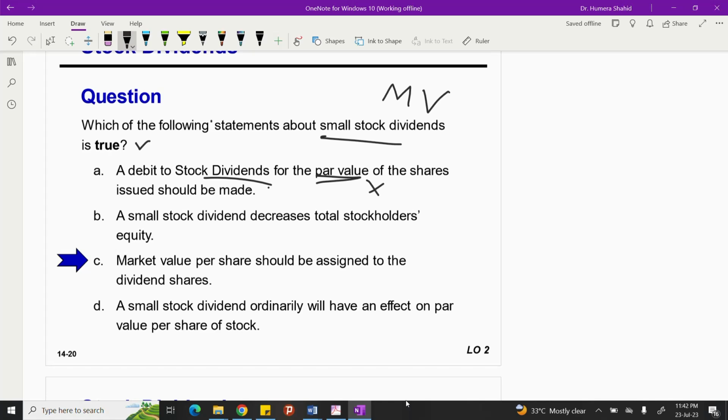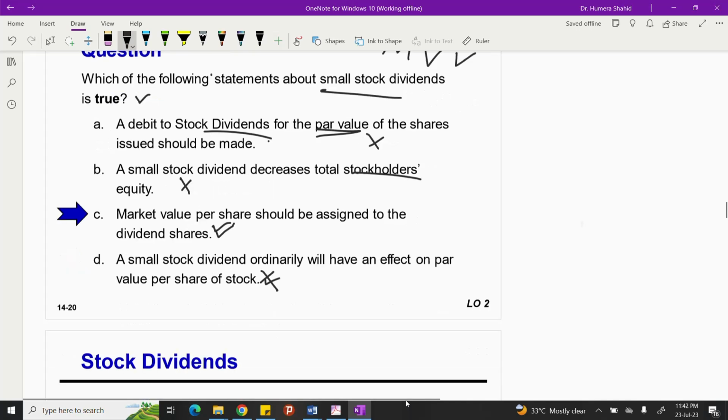We just saw that the stockholders' equity is not changed. So this is also wrong. Market value per share should be assigned to the dividend shares. Yes, we record them at the market value. So this is correct. A small stock dividend will have an effect on the par value of the stock. No, par value doesn't change, it remains the same, right?